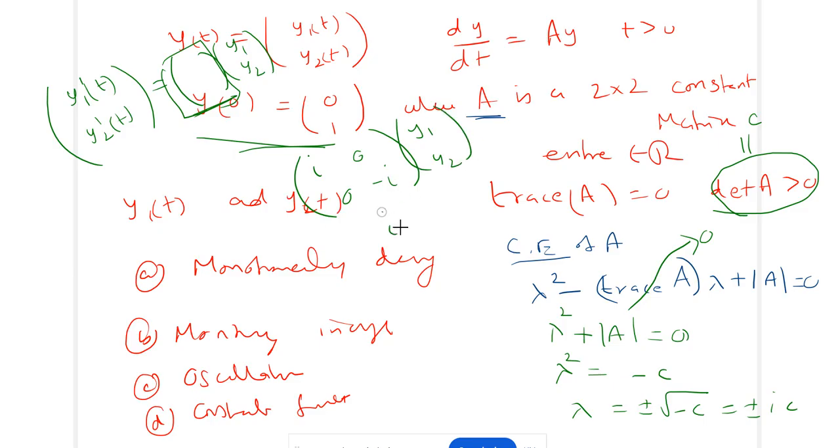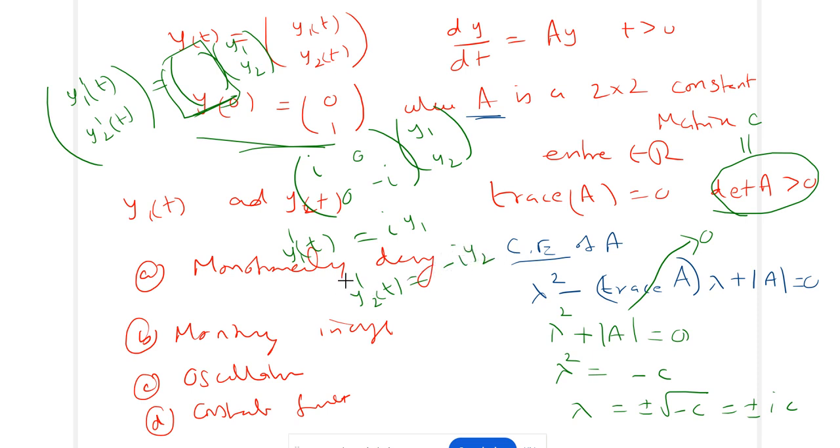Then y1 dash of t equal to i y1 plus 0 y2, and y2 dash of t equal to the second row, minus i y2.